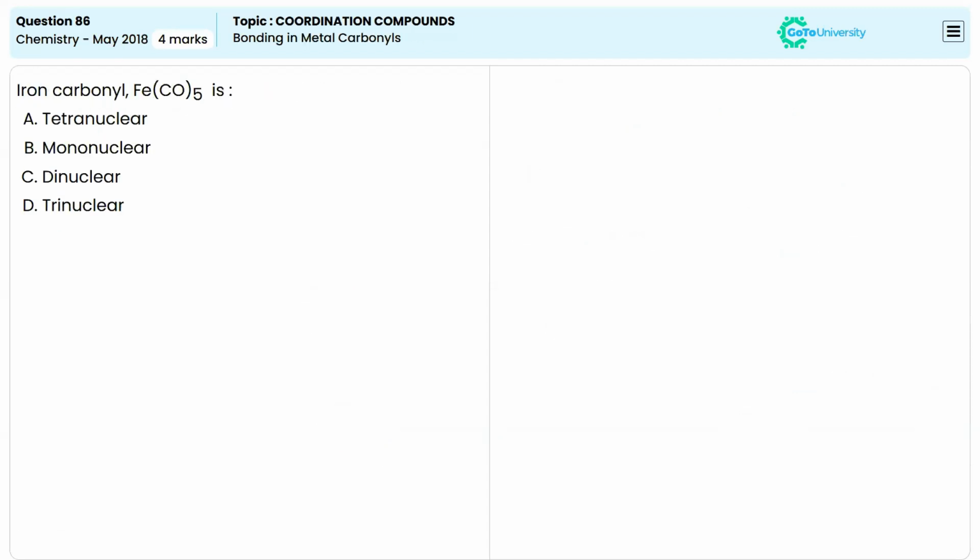In this question, we have a complex, that is Fe(CO)5. We have to find out what type of complex this is: tetranuclear, mononuclear, binuclear, or trinuclear. This classification depends on the number of metal atoms present in the complex.